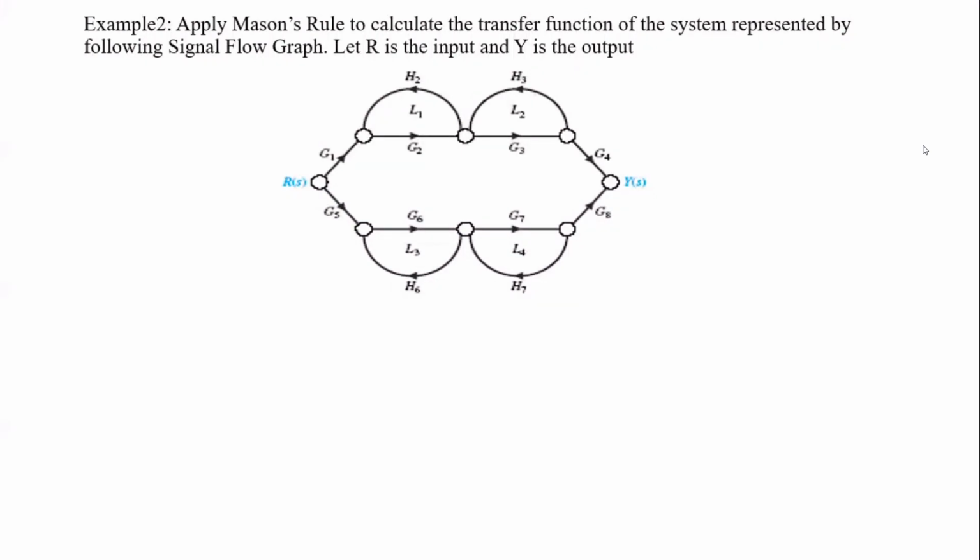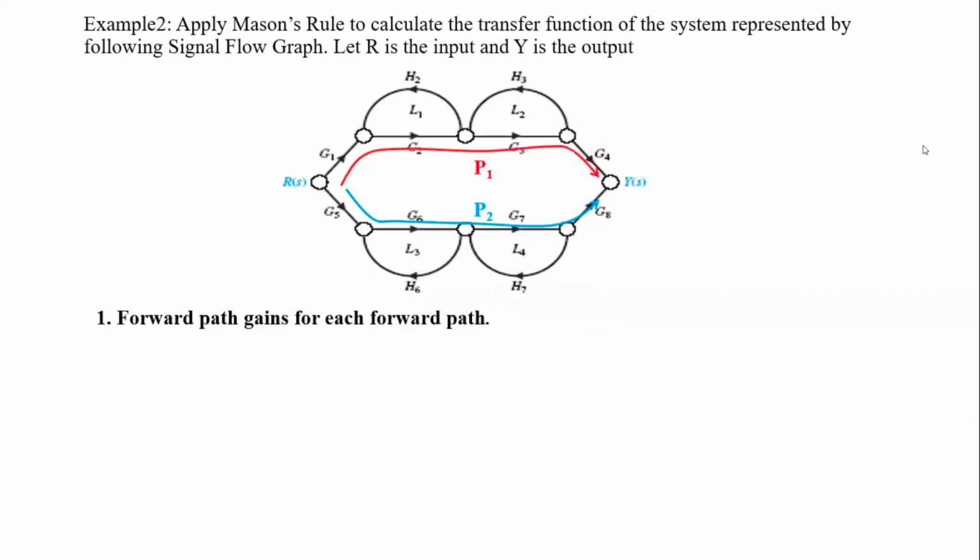No, sir. See, so the forward paths are these two, P1 and P2.